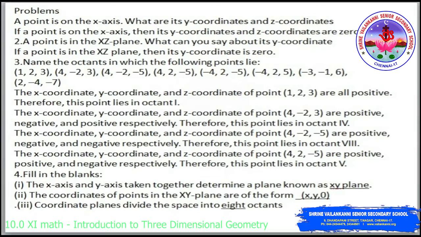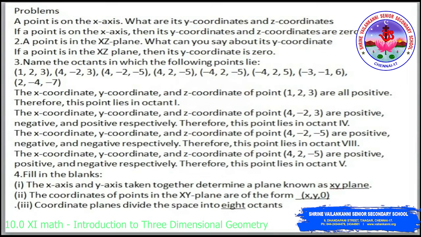Then we will see the third question. Name the octants in which the following points lie. We will see the first four points. The first point is (1, 2, 3). All are positive, so this point lies in the first octant.